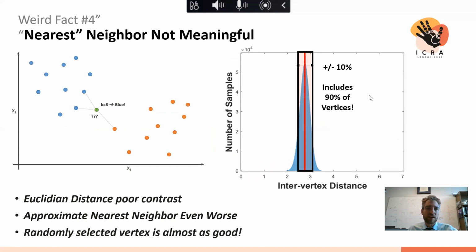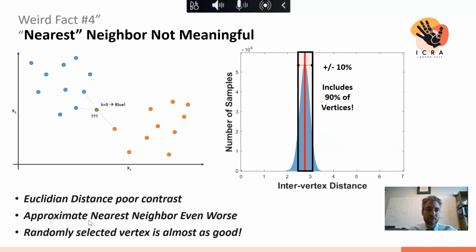The fourth interesting fact is that the nearest neighbor, which is often how we choose which nodes to collision check or expand, becomes less and less meaningful in high dimensions. The Euclidean distance has what's called poor contrast, which means the difference between the closest and the furthest nodes gets smaller and smaller. Some people might propose, hey, use an approximate nearest neighbor algorithm because it could run faster in higher dimensions.